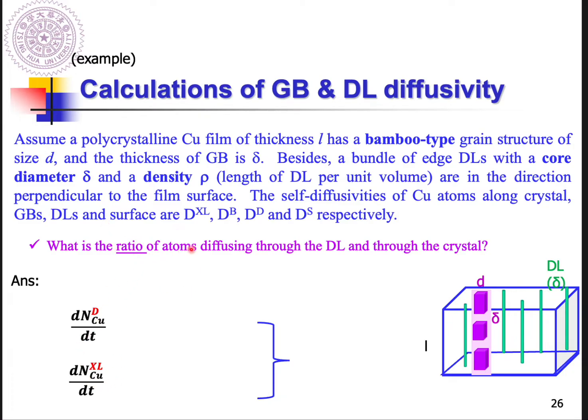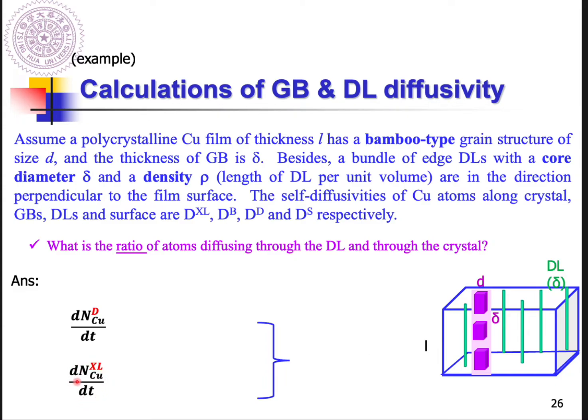Because it's a ratio of the atoms, we need to know the numbers of diffusing atoms through the crystal and also through the dislocation over dt, right? Then we can divide these two terms and we will get the ratio of the atoms. So we are going to calculate this first.